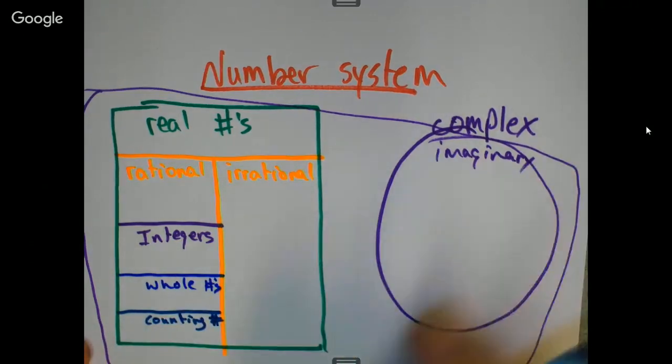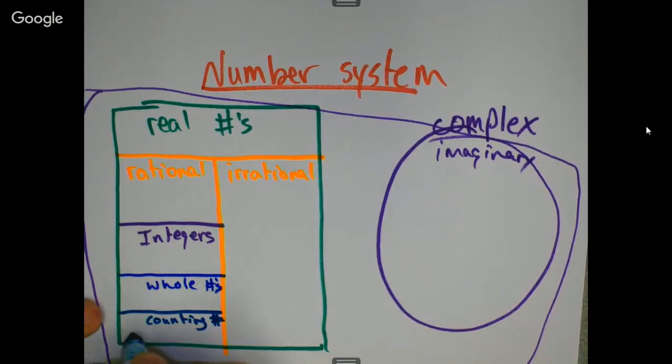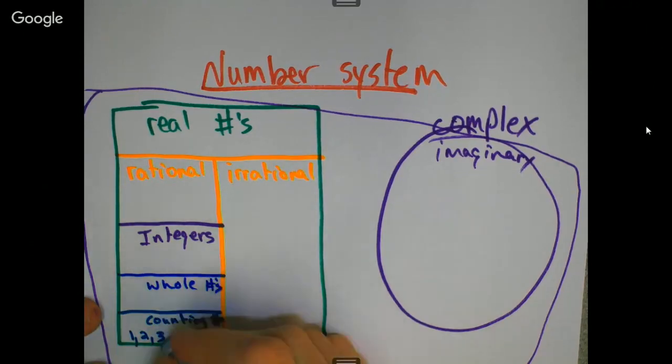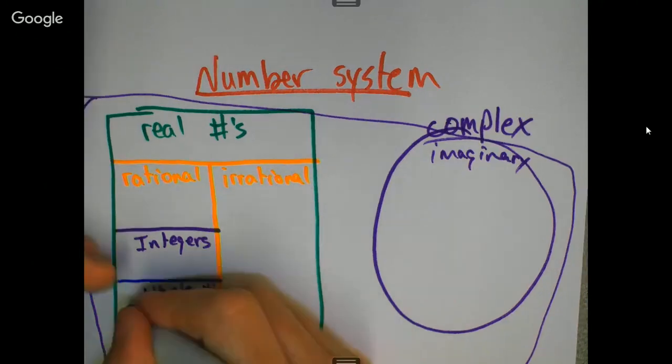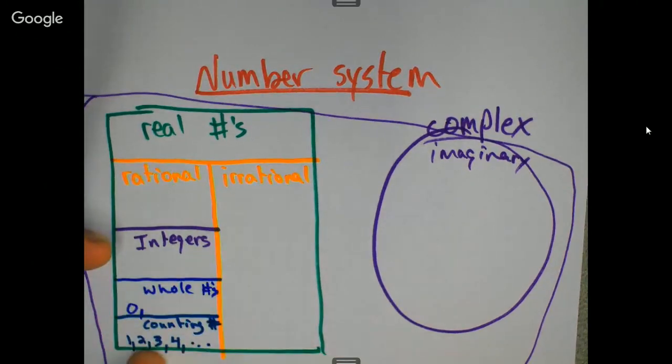Okay, so let's start with the most basic. A counting number starts at 1 and goes up. So it would be 1, 2, 3. It is what you count items by. Okay, whole numbers will start at 0, include your counting numbers.